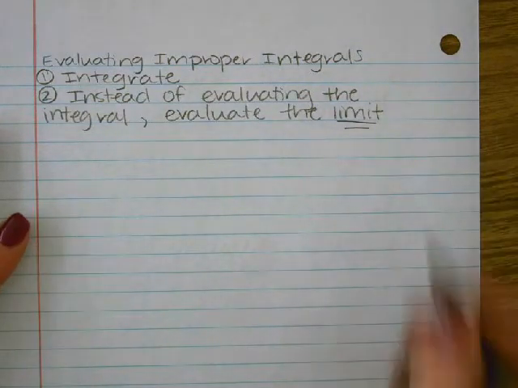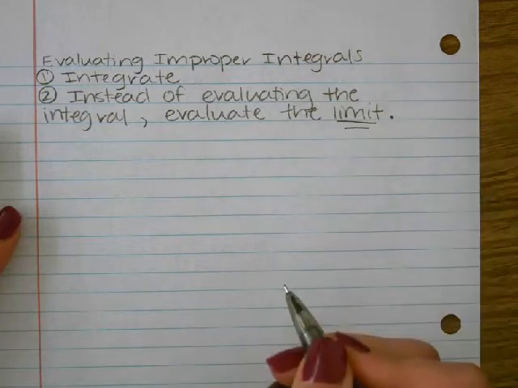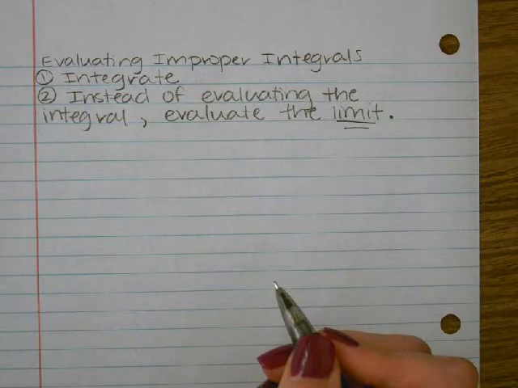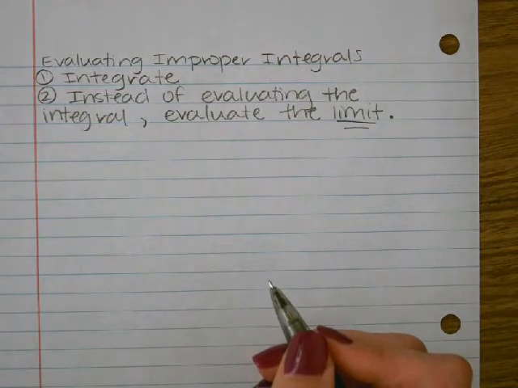Now it's going to be a little bit different if you're evaluating with infinity versus evaluating a limit where there was a discontinuity, like a hole in the graph. If there was an infinity, then you can think about what would happen if you plug infinity in, like we did with the 1 over t situation.